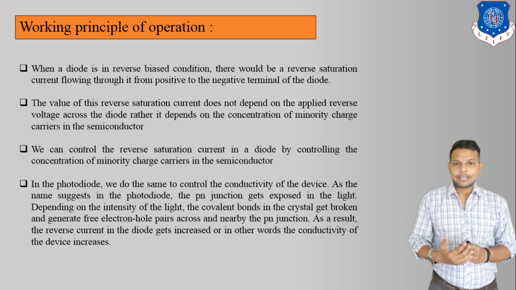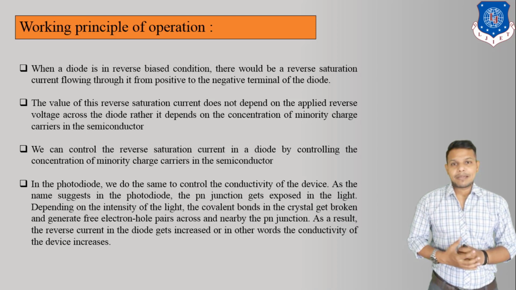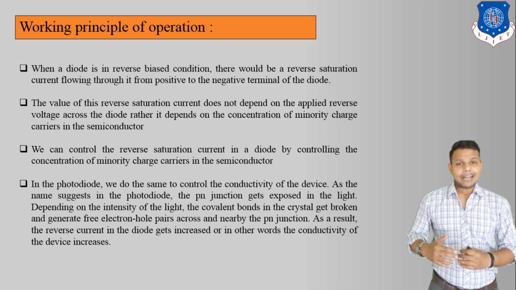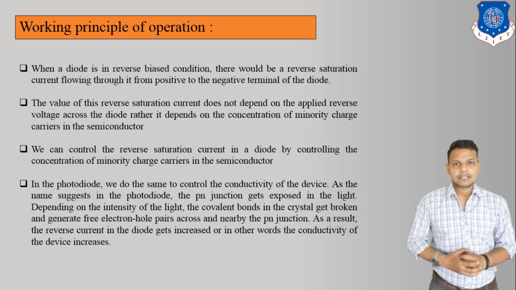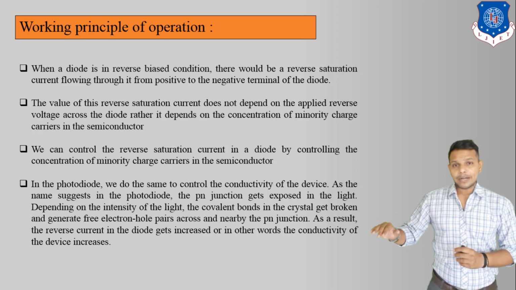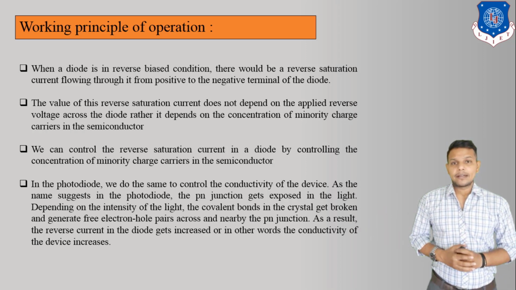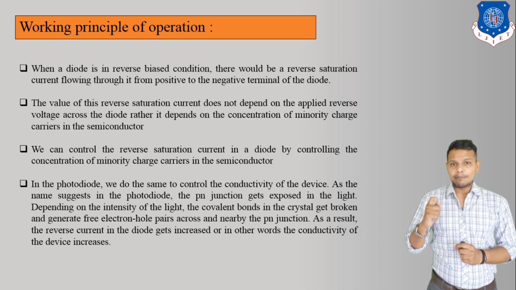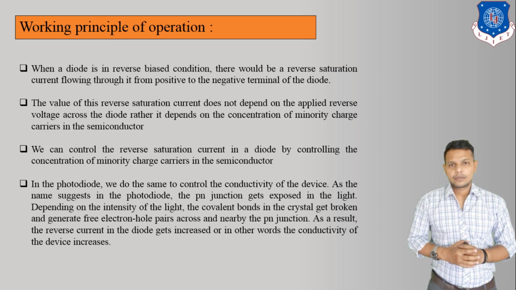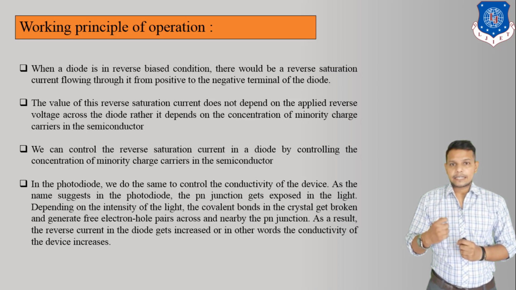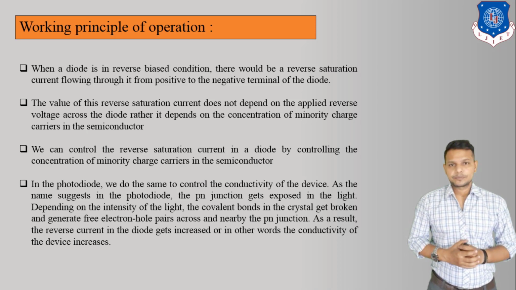Now, according to this, one question may arise in your mind: why is it working in reverse bias, why not in forward bias? It is working in reverse bias because if there is a slight change in current, it is noticeable, because in reverse bias the current flows in microamperes.